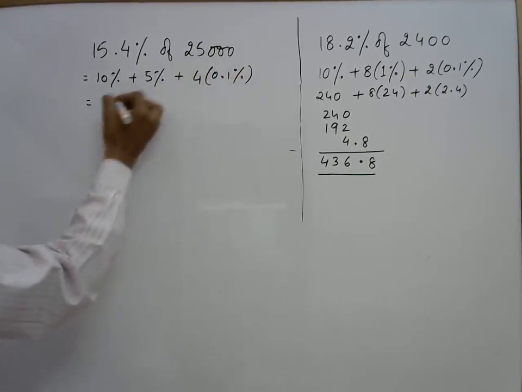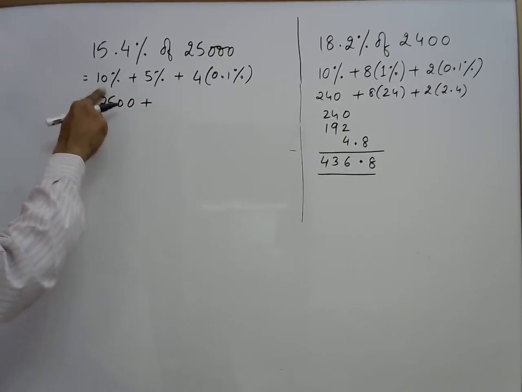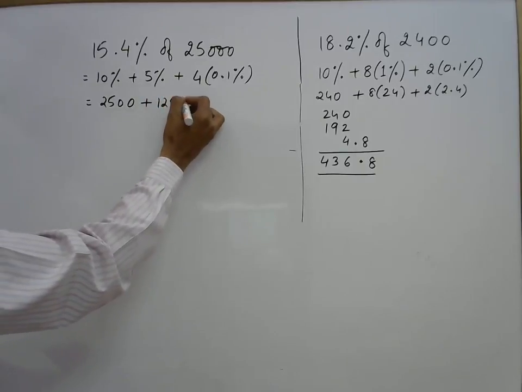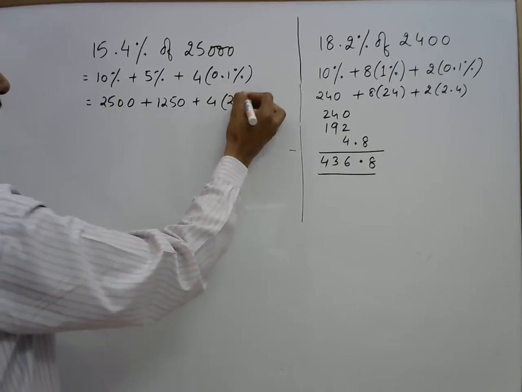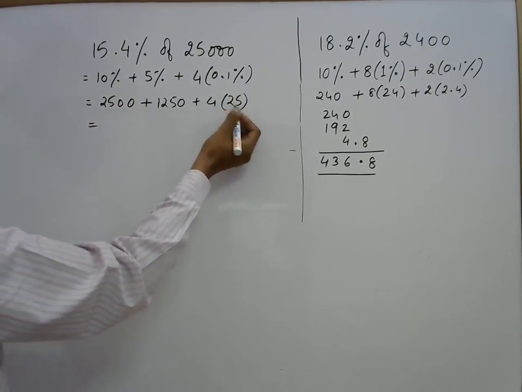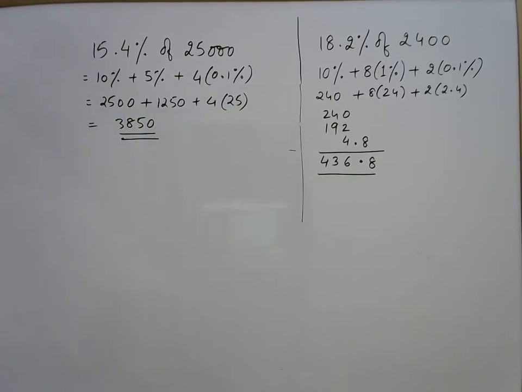So 10% is 2,500, and half of that, 5%, is 1,250. And 4 times 0.1% is 25. So this is 3750 and 100. So 3850 is the correct answer.